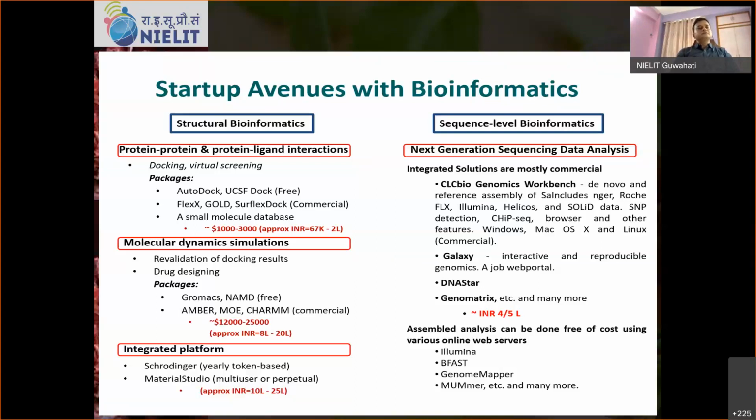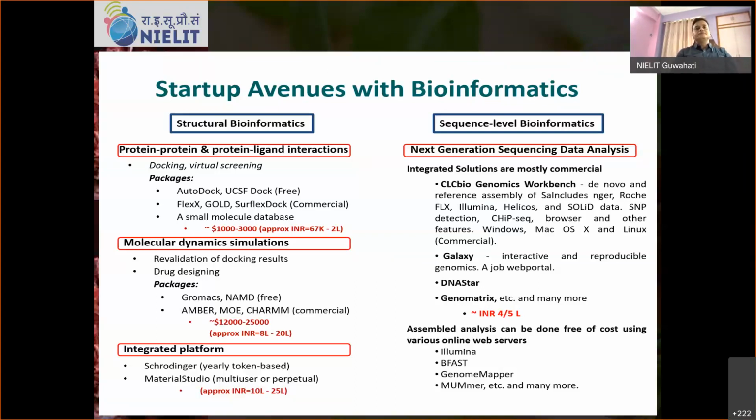Then UCSF DOCK, these are free. GOLD is commercial. For molecular dynamics simulation, we have the best molecular dynamics systems, which are free: GROMACS, NAMD. There are some commercial ones also, at the same time. But if you can take a little bit of pain, you can use the free software.